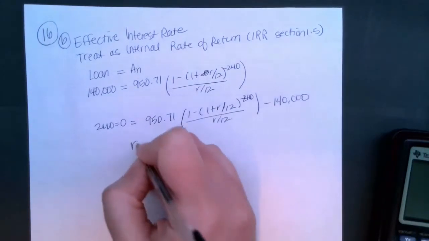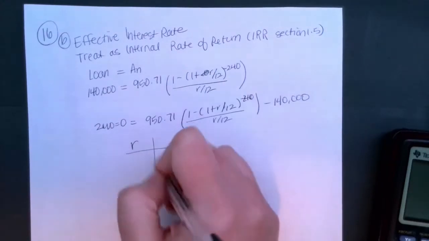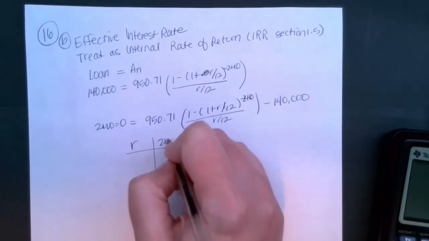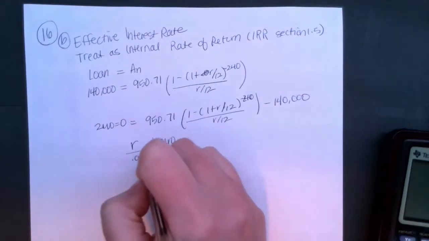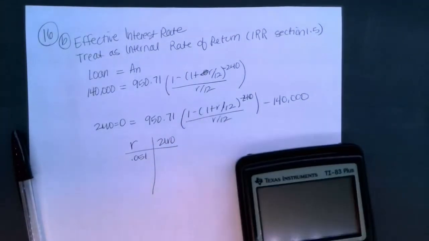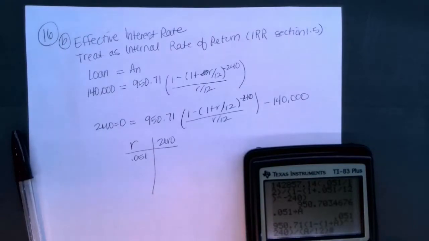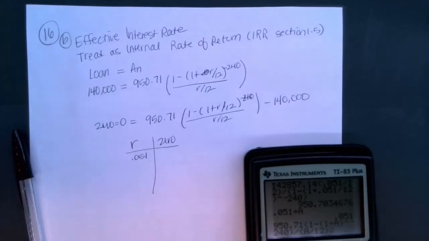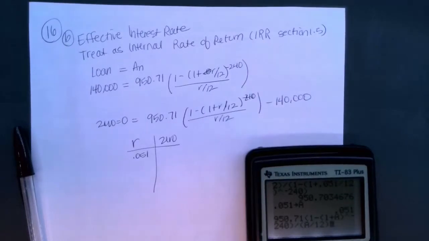And we're going to start with our R as 0.051, because that's what we had in part A. So I entered that in my calculator already, so it's all ready to go. And I'm just again testing my formula before I add in that 140,000, just to test it.